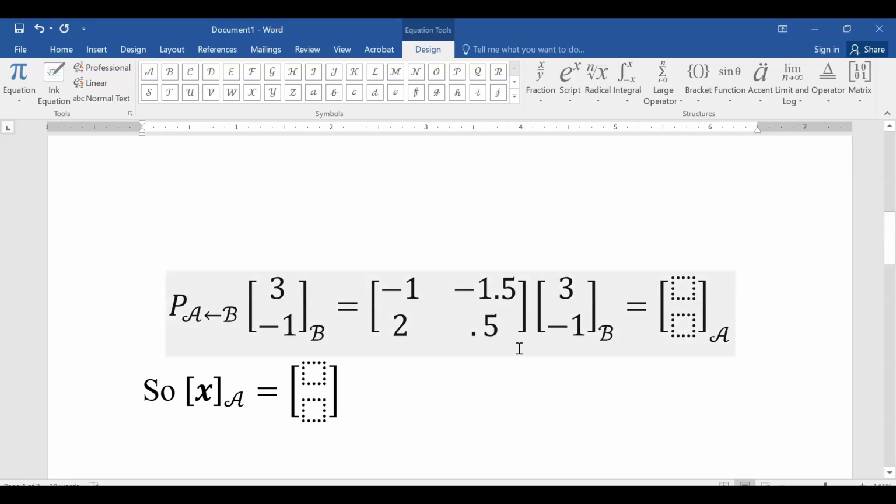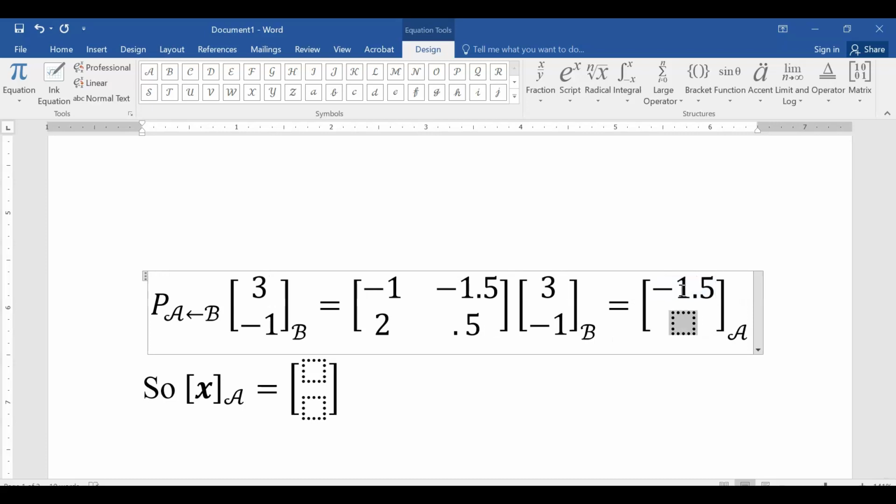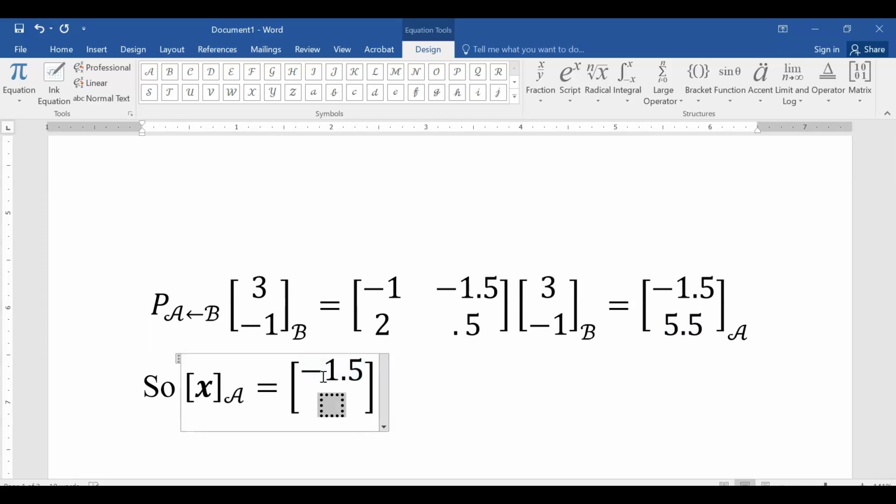When you multiply that, you get -3 plus 1.5, which gives -1.5 as the first entry, and 2 times 3 is 6, minus 0.5, that's 5.5 as the second entry. So the vector is -1.5 and 5.5.